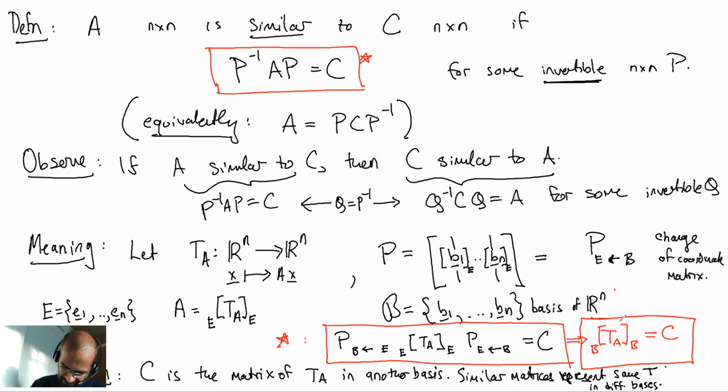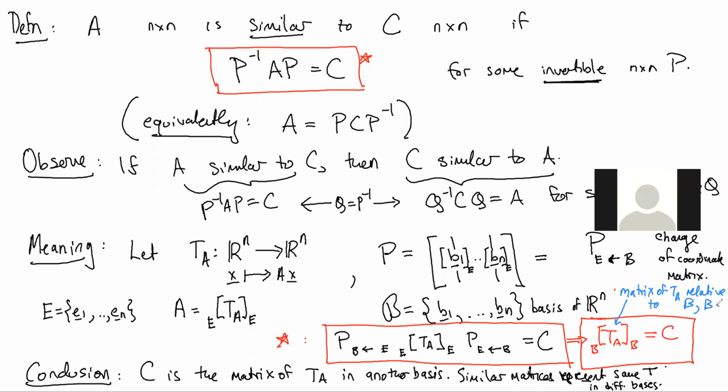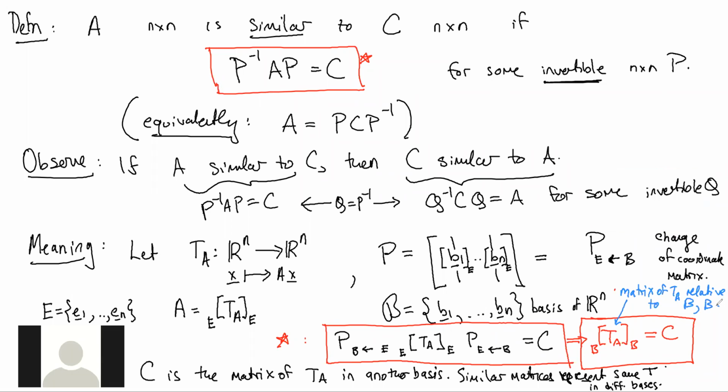This is the same notation that we used last week, and this is the matrix of TA relative to B and B as the input and output bases. So the right subscript would be the input, the domain, and then the left subscript. Exactly, and they're both B.